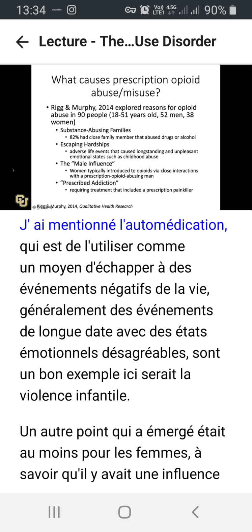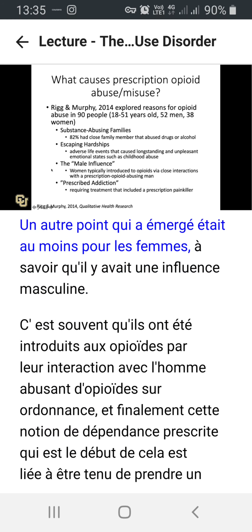I mentioned the self-medication, that is using it as a way to escape negative life events, usually long-standing life events with unpleasant emotional states. A good example here would be childhood abuse. Another point that emerged was, at least for women, that there tended to be a male influence.